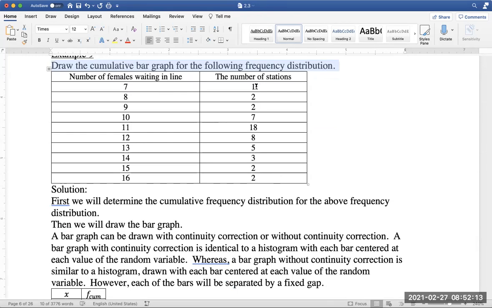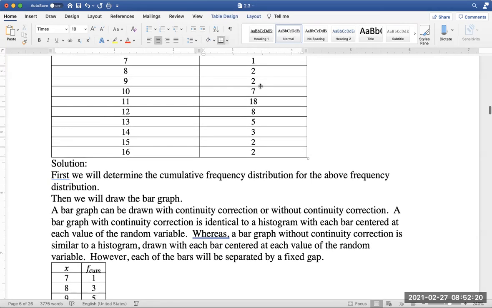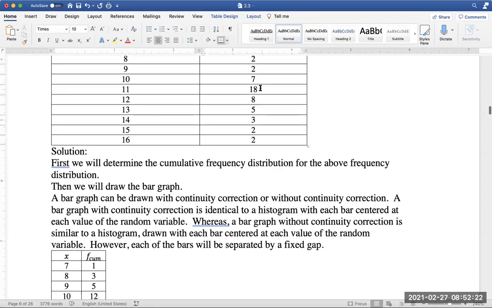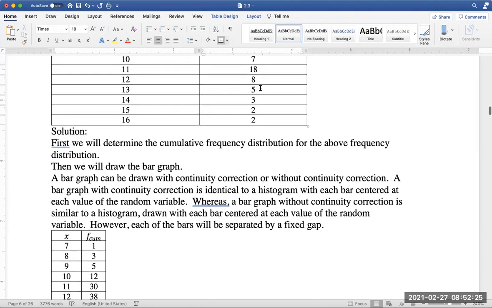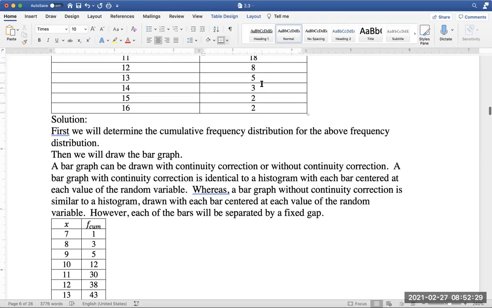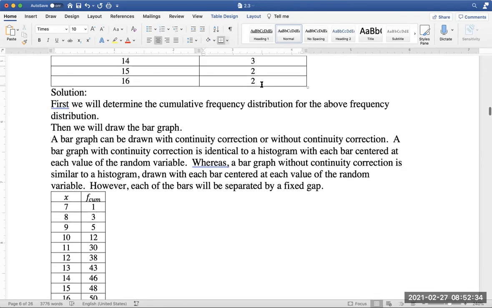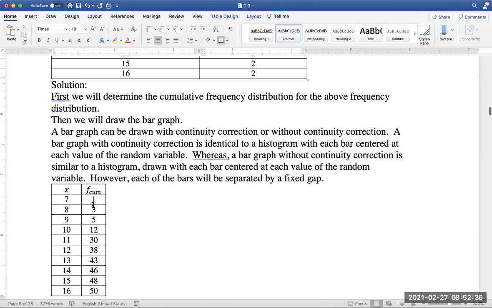And so 1 plus 2 is 3, plus 2 is 5, plus 5 is 12, plus 18 is 30, plus 8 is 38, plus 5 is 43, plus 3 is 46, plus 2 is 48, plus 2 is 50. So now, this is my cumulative frequency distribution.